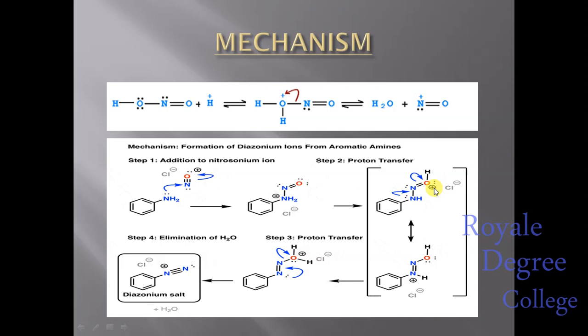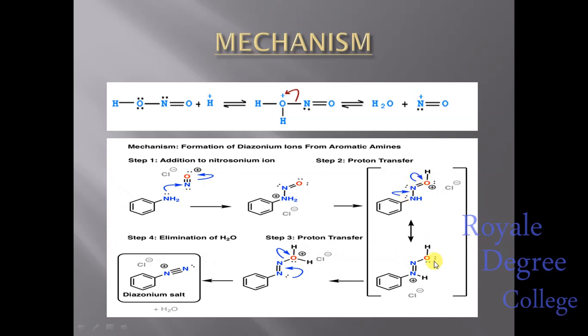Then in the next step, we are getting the resonating step. How are we getting this resonating step? See here, between nitrogen and oxygen a double bond is there. Now one of the bonds is shifted towards the oxygen, so here we are representing a lone pair of electrons on the oxygen.